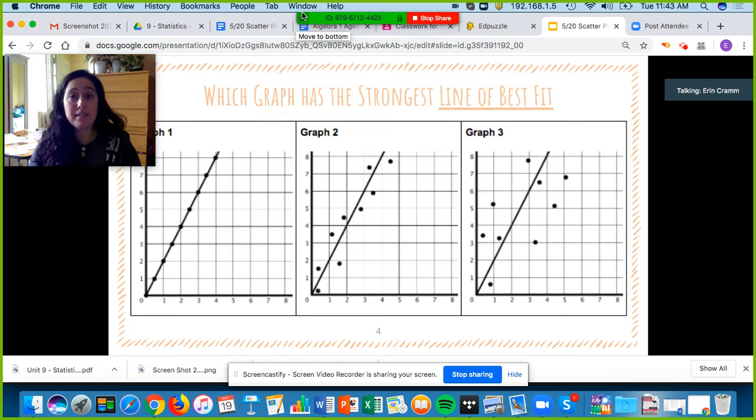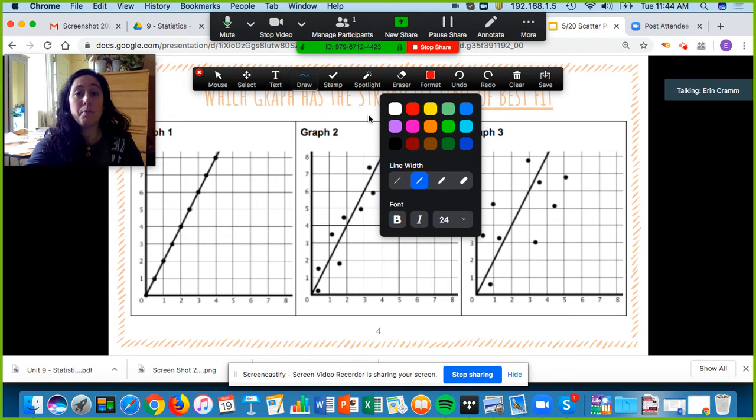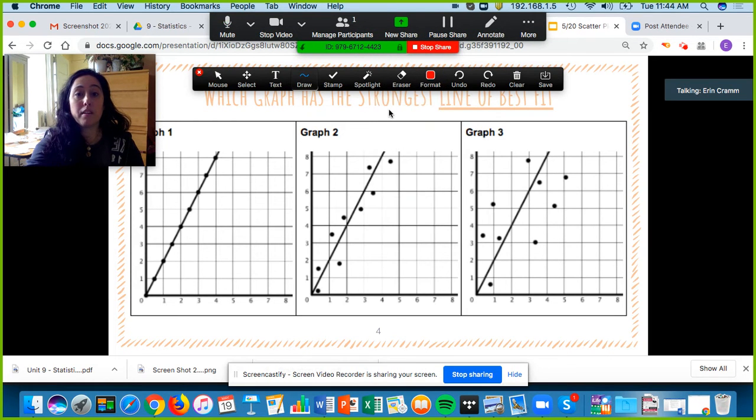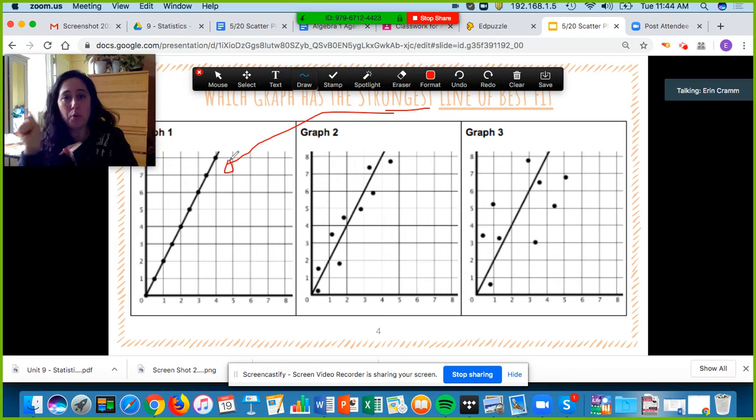The strongest line of best fit matches exactly a line. So the strongest one in this case would be graph 1, because all of the points are exactly on that line. There's no separation between your points and that line.